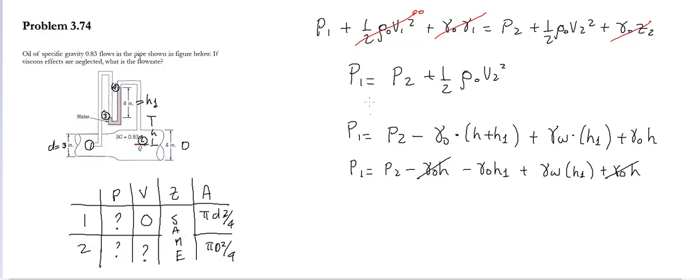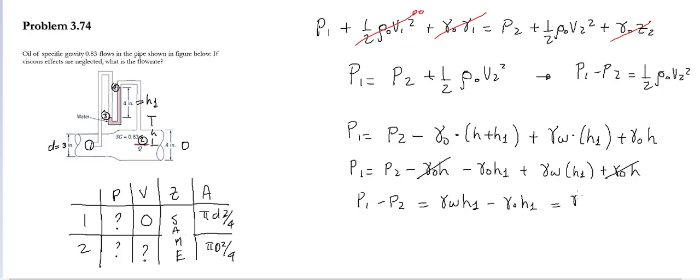Okay? So notice we are going to rewrite these two equations. We're going to write P1 minus P2 is equal to 1/2 rho of the oil, V2 squared. And we rewrite this one as P1 minus P2 is equal to gamma of water, H1, minus gamma of oil, H1.